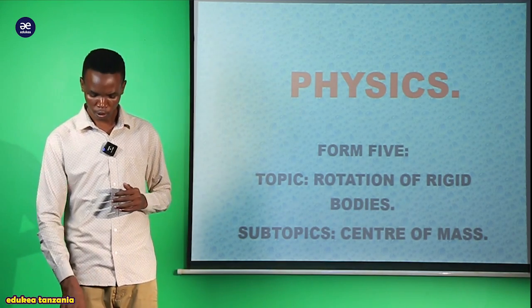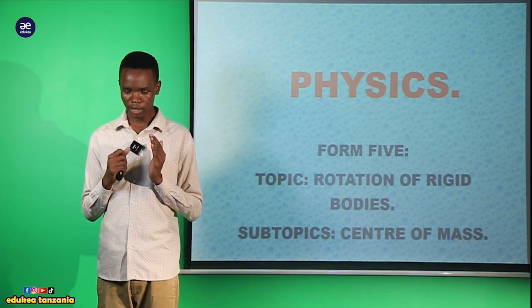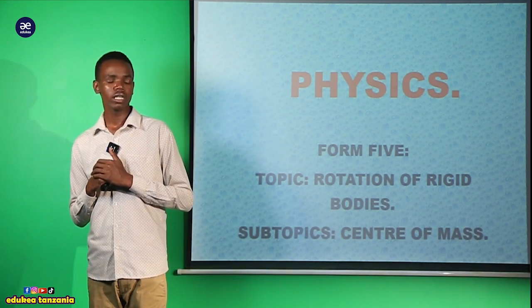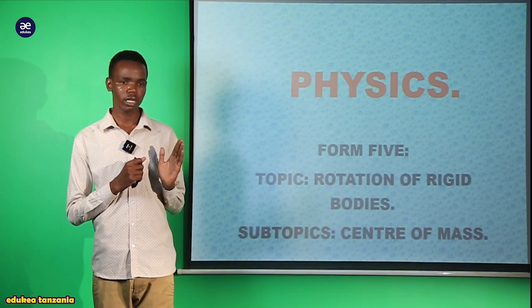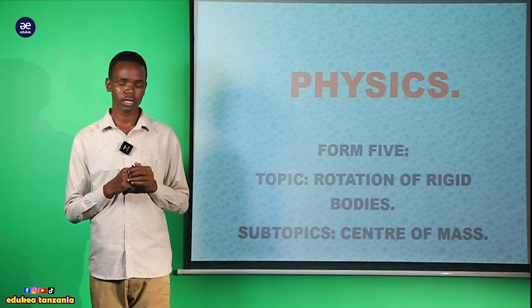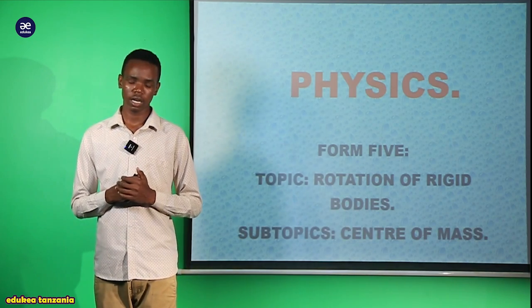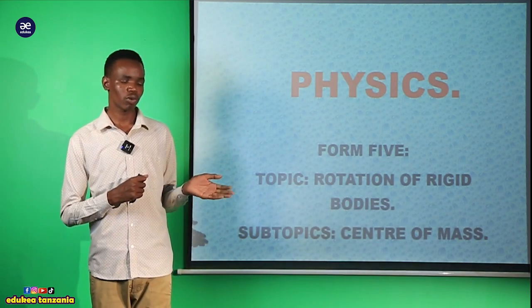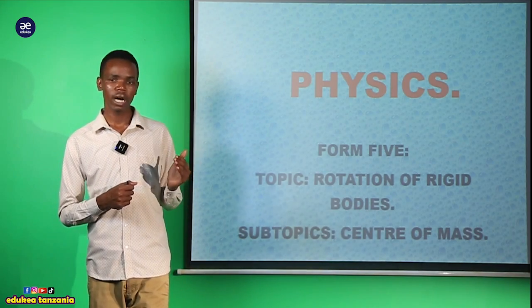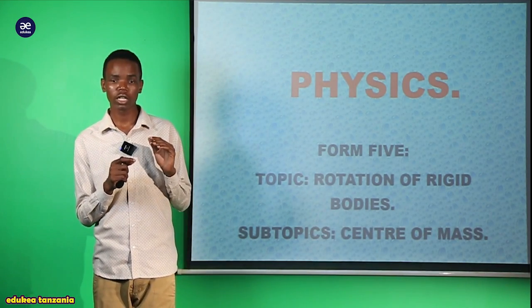My dear student, on the last session we tried to discuss the vectors of the center of the body, and we tried to see that the vector must be equal to the summation around the two dimensions.